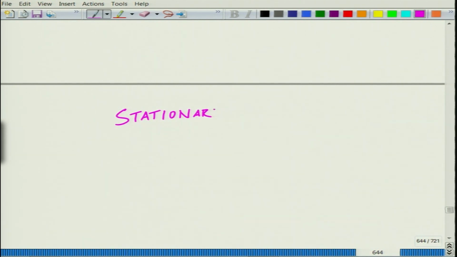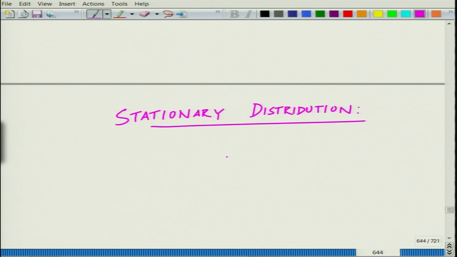We have this notion of a stationary distribution, which is essentially, what is the stationary distribution.